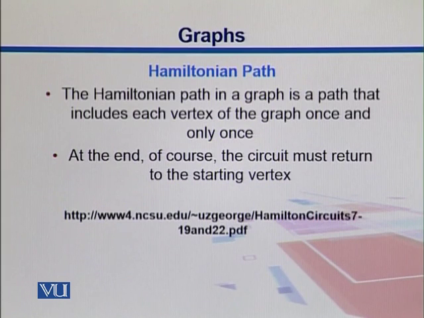A Hamiltonian path in a graph is a path that includes each vertex of the graph once and only once, and at the end the circuit must return to the starting position. In graphs we explore paths. A path is when you start from one point, move to another, and move to a third. So the routes through that network we call paths. One of them is the Hamiltonian path.